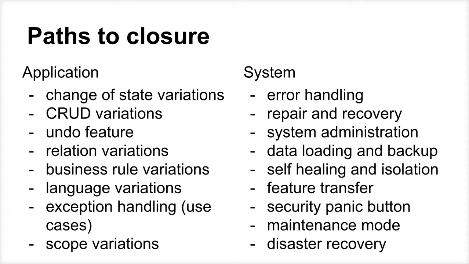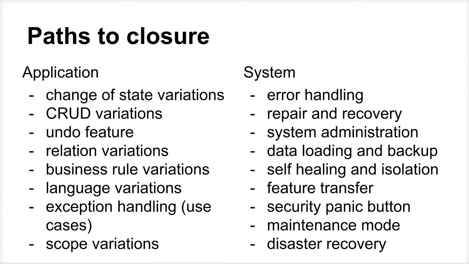So here are various paths that can be taken. Look at state variations, state of objects that are being manipulated. Could be an invoice, could be an order. See if some of those states might want to be reversed. See if there might be some intermediate states or final states, closing states, recovery states, that sort of thing.